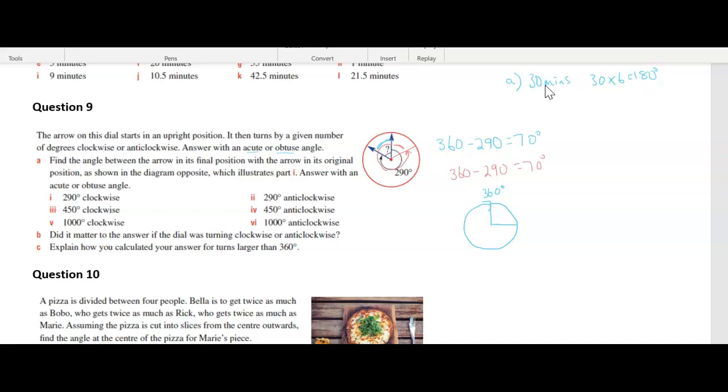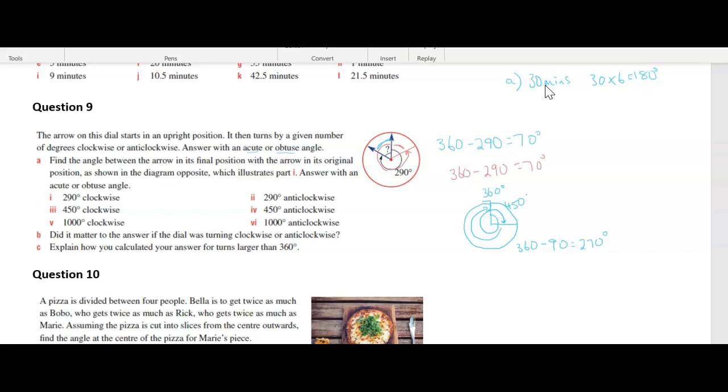We've done one full circle to get to 360, and then we've gone around again, and that's 450. So the remaining angle, if we just go around here, is going to be 360 minus 90. We don't need to minus 450. And that is 270 degrees.